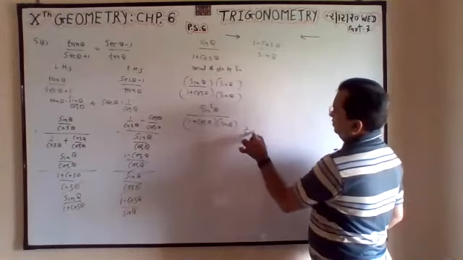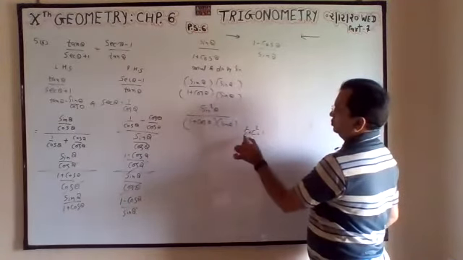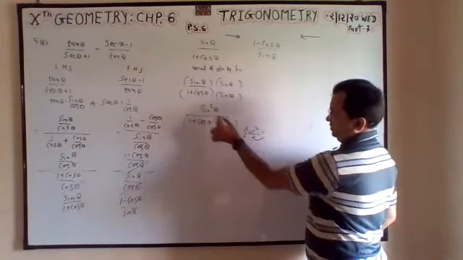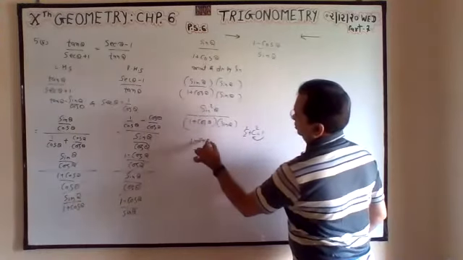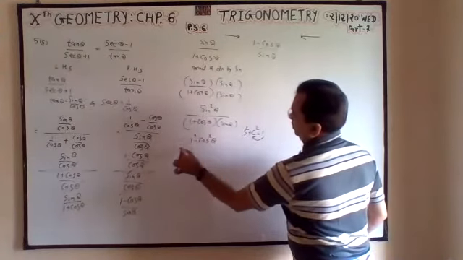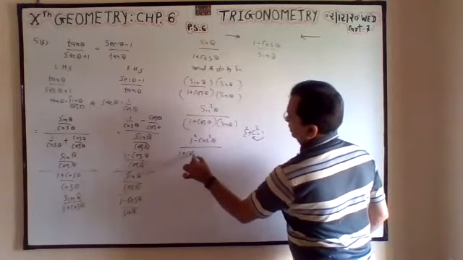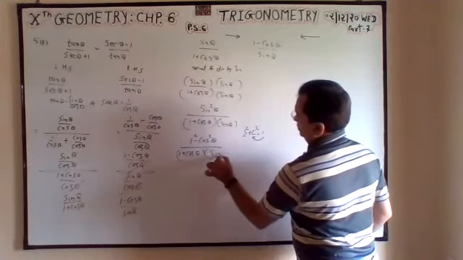Now sine square plus cos square is equal to 1, so sine square is equal to 1 minus cos square theta. So 1 square also you can write, over 1 plus cos theta, sine theta.